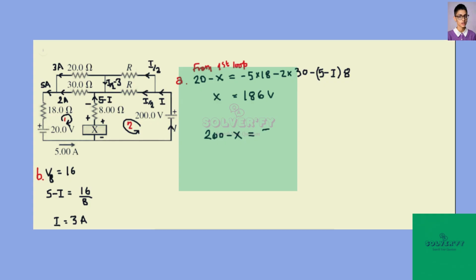For R, the current is along the loop, so I by 2 into R, and for the 8 ohm it is against the loop, so minus (5 minus I) into 8. We know the value of I, we know the value of x, just plug it in here. This must give me R equals 20 ohm. Now this is part C of the question.